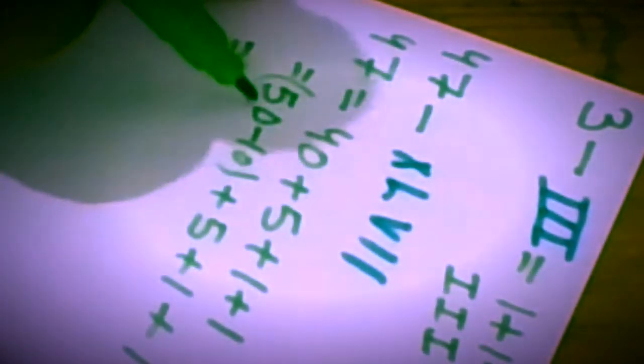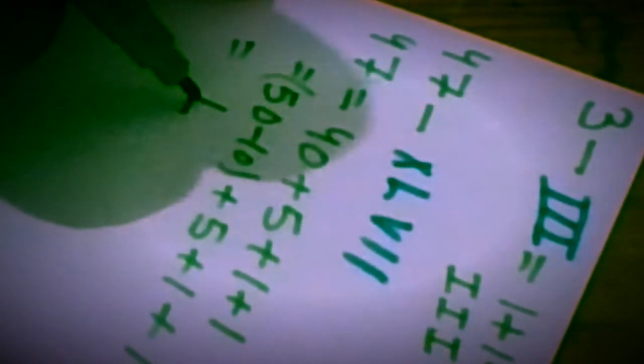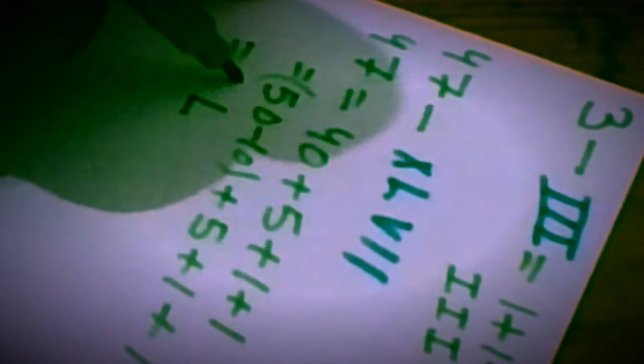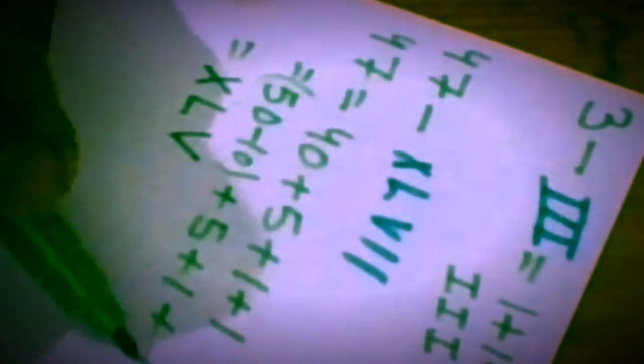Now, how do we write 40? We can write 40 as 50 minus 10, plus 5 plus 1 plus 1. So how do we write 50 minus 10? We will write the smaller number before the bigger number. And what is the smaller number? For 10, this is X. So it will be XL. Then 5 will be written as V, and 1 will be written twice as II.